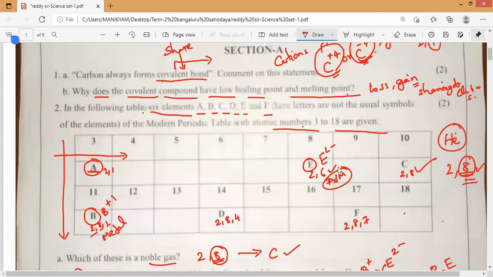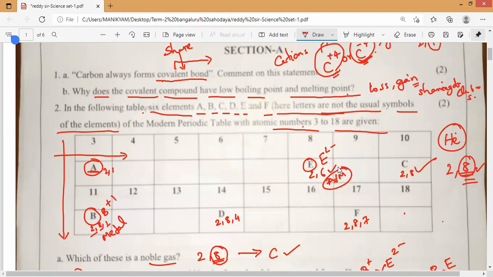And chemistry, once again I'm telling you: unless they mention the names of the elements, you are not supposed to write any compound name. Understand what they are asking. They could choose A, B, C, D, but here they mentioned clearly that these letters are not the symbols of the elements.